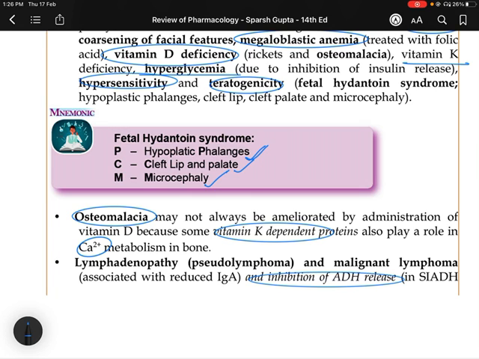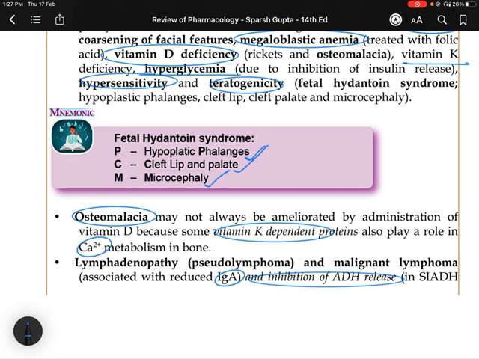They are associated with reduced IgA, when immunoglobulin A is reduced, and inhibition of ADH release.